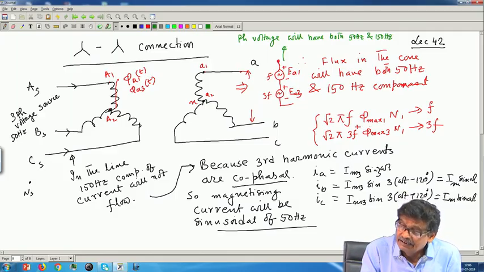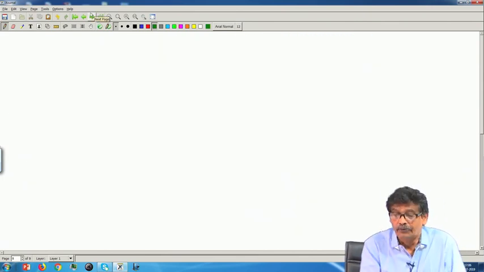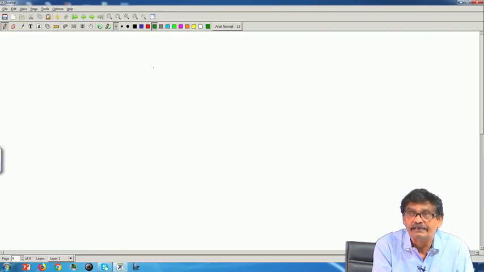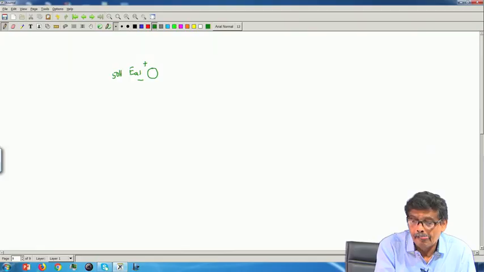See, once again this is the A phase. Let me go to the next page. So, I am drawing the secondary induced voltages, suppose. I told this is E A1, 50 hertz, in series with another induced voltage E A3, A phase third harmonic, 150 hertz.